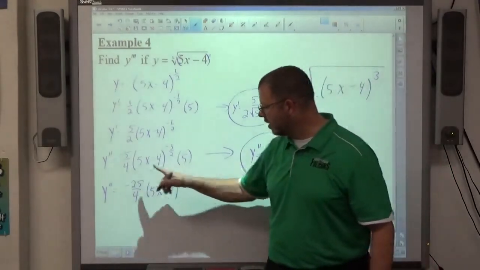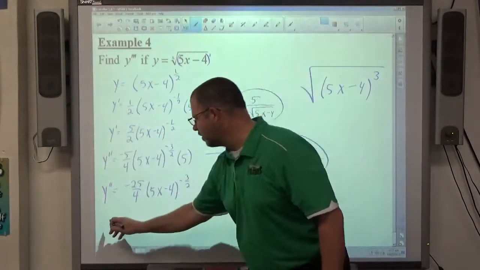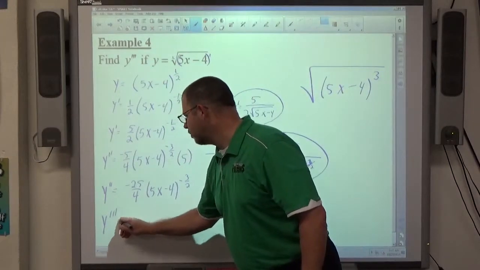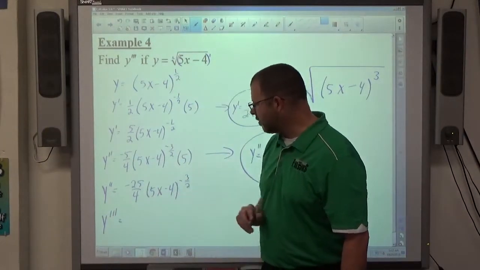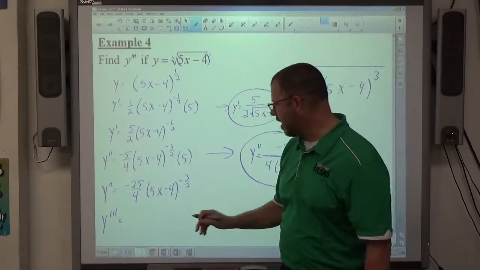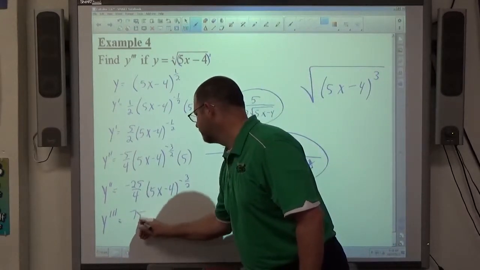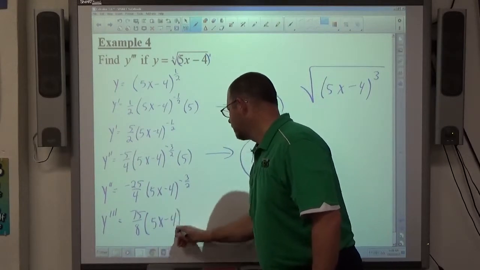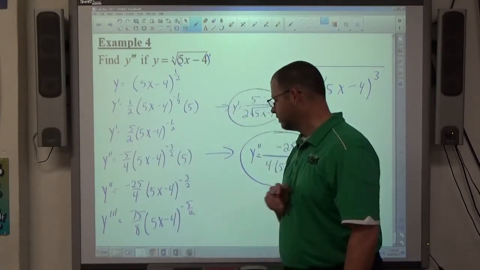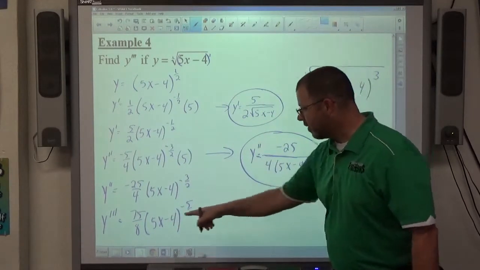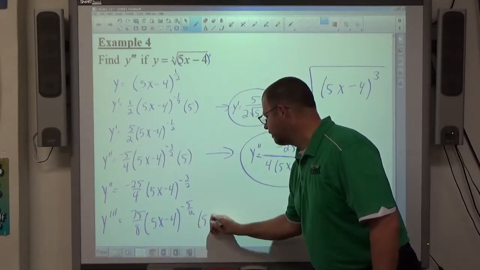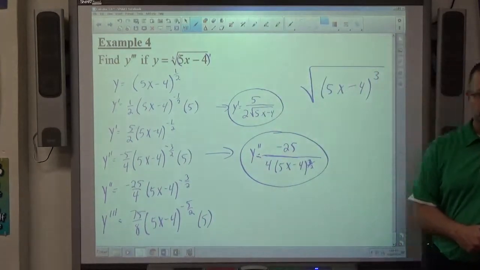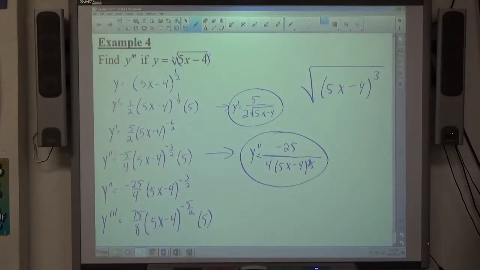because derivatives are easy in power structure. Number times something to a power, I simply have to do the power rule. Triple prime: negative 3/2 times negative 25/4 makes 75/8. And we multiply that times 5x minus 4 to the negative 5/2 power. And then again, the derivative of 5x minus 4 is 5. Now at this point I'm where I wanted to be, right?